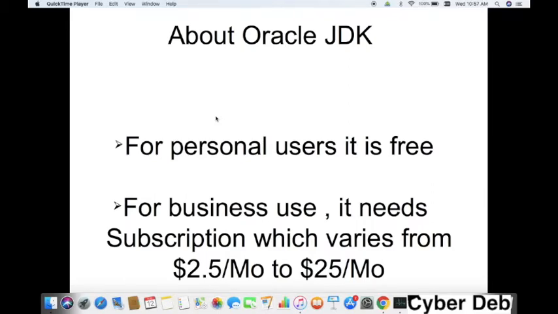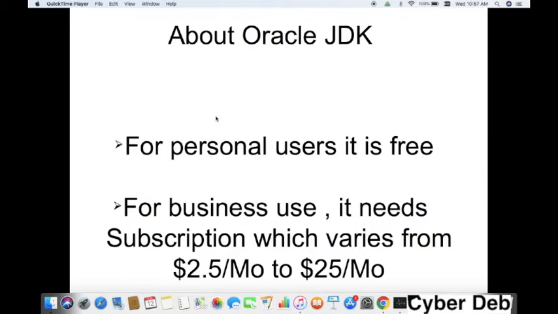At that moment, the business needs to buy the license of Oracle JDK, but the developers or the testers don't need to buy the license of Oracle JDK. So, two types: OpenJDK and Oracle JDK. OpenJDK is free for everything, for the developers, for the business, for the client, for everywhere. The OpenJDK is free.